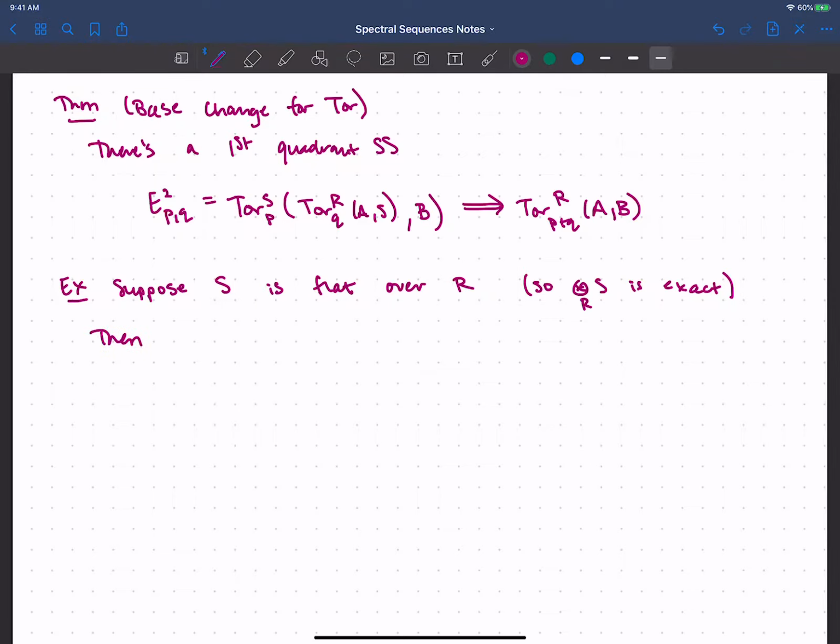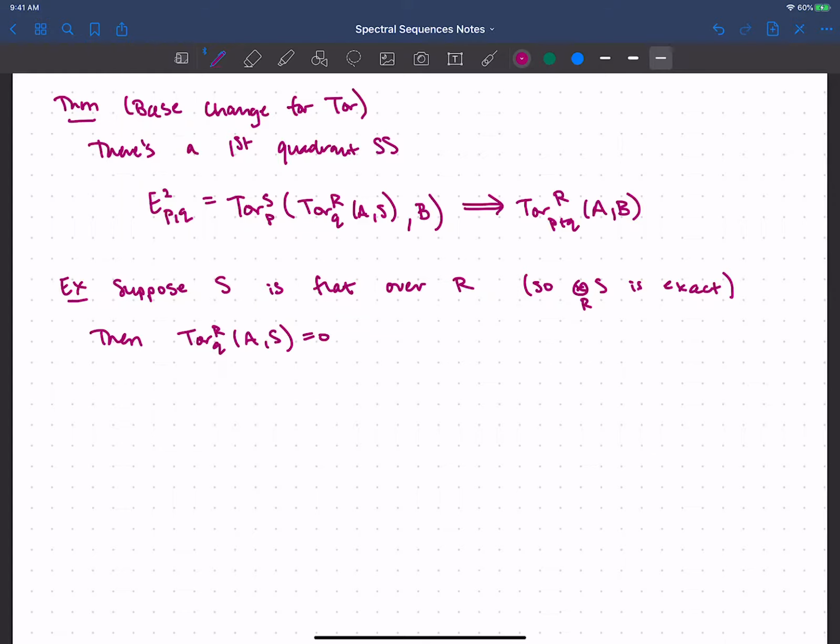Well, what happens if we wanted to look at this Tor, this base change for Tor spectral sequence? Then we'd have these Tor_q^R terms for things like A tensor S, but these are all 0. Right?